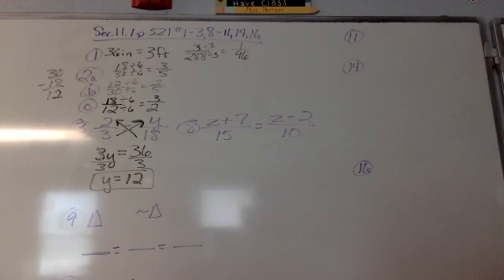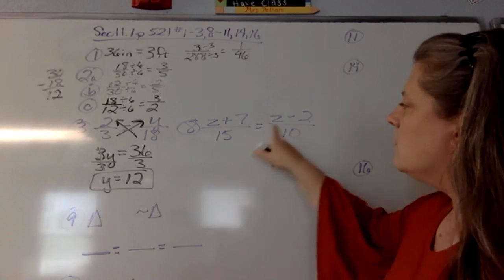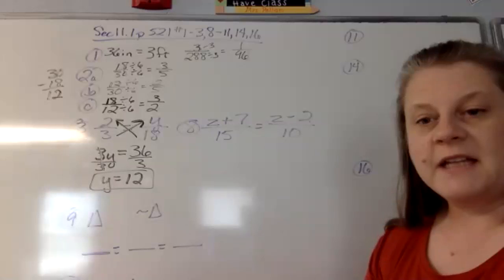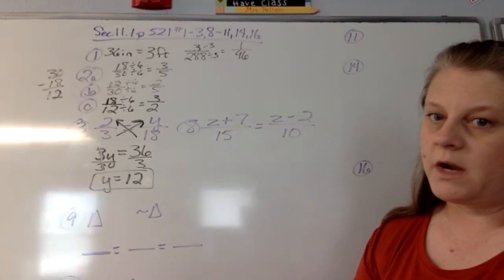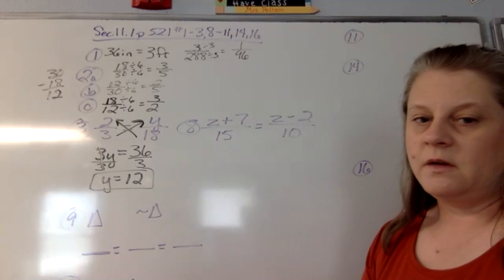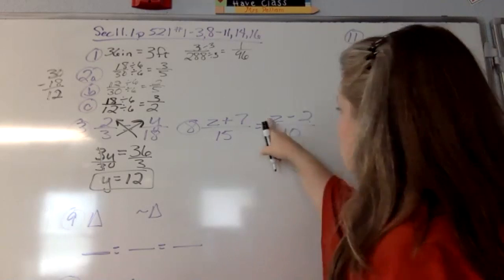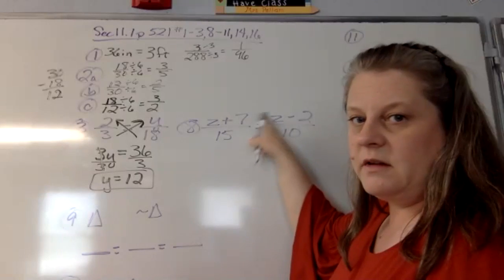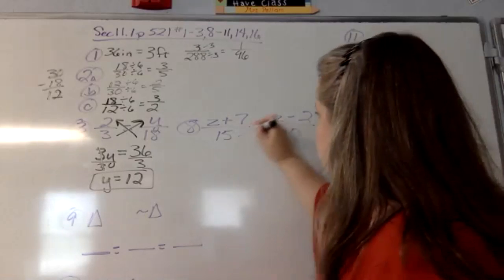Okay, now on here, we do the cross multiplication again. You just got to be a little bit more careful on this one, because you've got the expression up here.